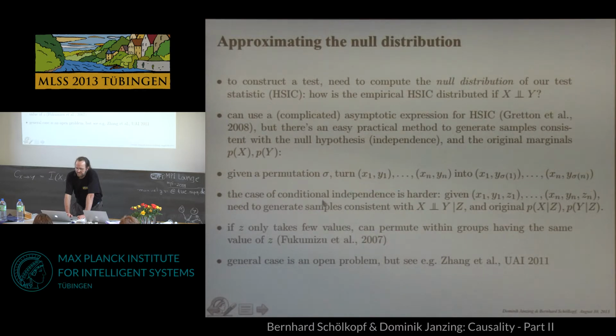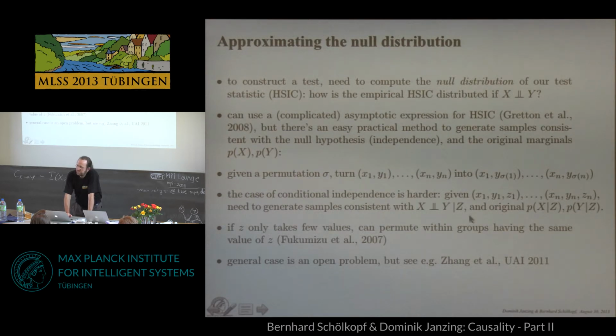So this is like a sample from a factorizing distribution. And maybe this view makes it clear that the case of conditional independence is significantly harder, because now each observation is a triple from the joint distribution of x, y, and z. If we wanted to do a trick like this, we would need to generate samples from a distribution where this conditional independence property holds true.